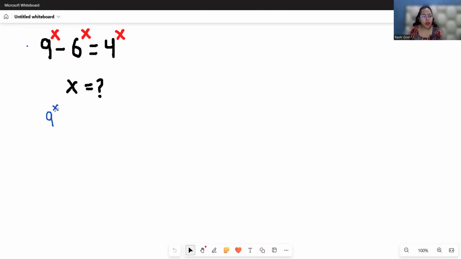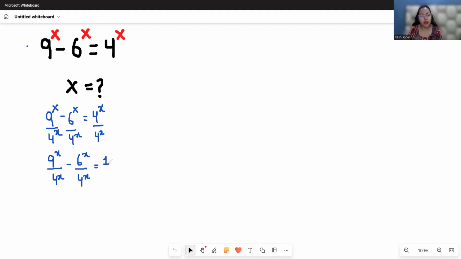So 9^x - 6^x = 4^x. If I divide both sides by 4^x, it becomes 9^x/4^x - 6^x/4^x = 1.